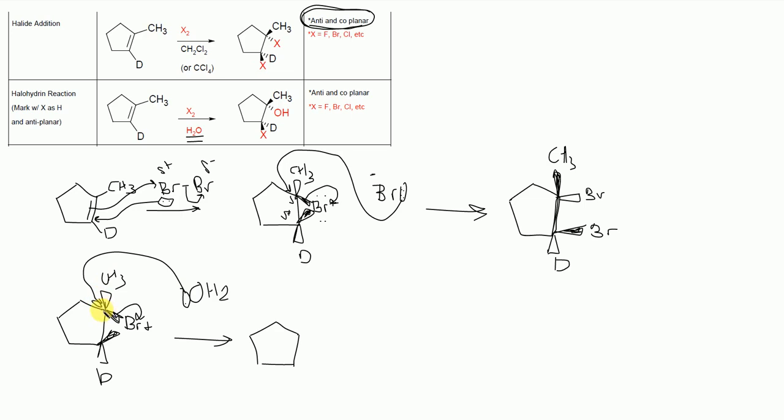And the reason why we attack the more substituted carbon is because this carbon is more stabilized than the other ones, and therefore it's able to be more partially positive and give away more of its electrons than the least substituted carbon can, right? So whenever this positive Br is pulling on these bonds and making these carbons partially positive, the more substituted carbon is able to stabilize itself by the other carbons that are around it, right?